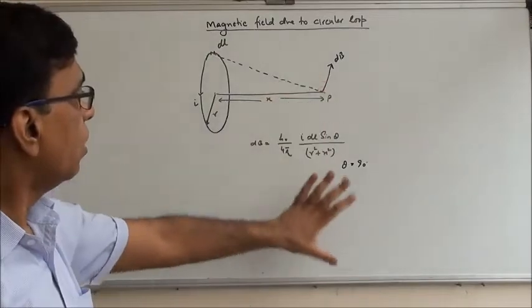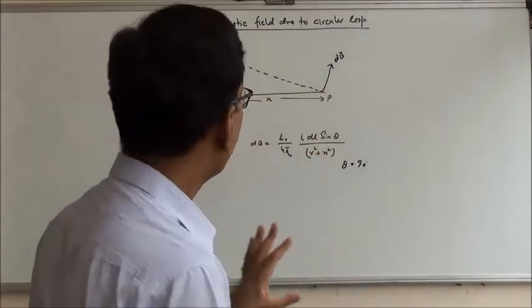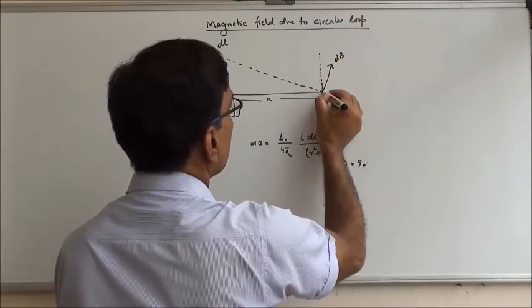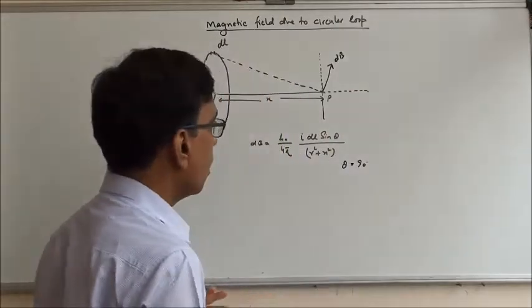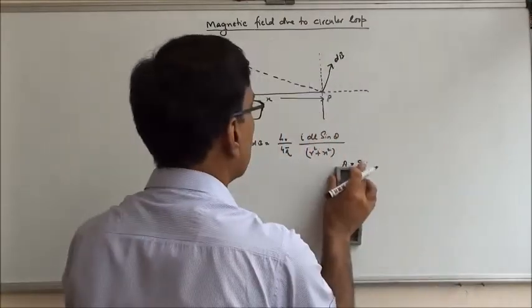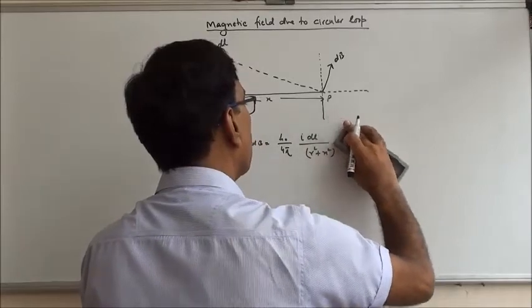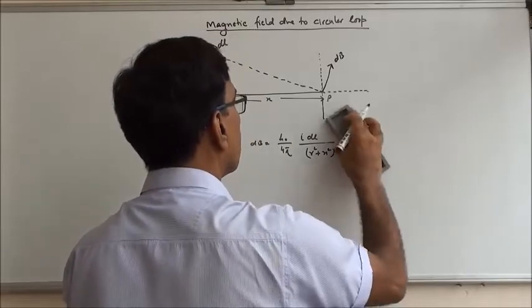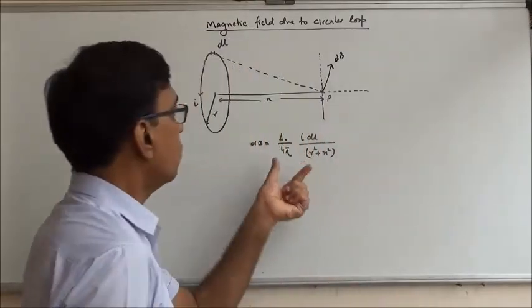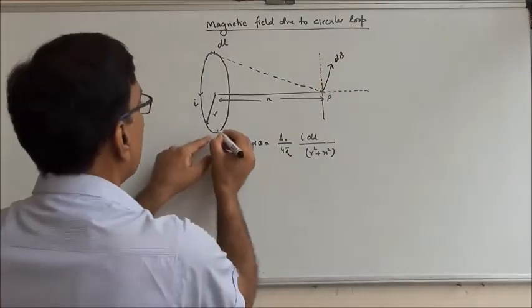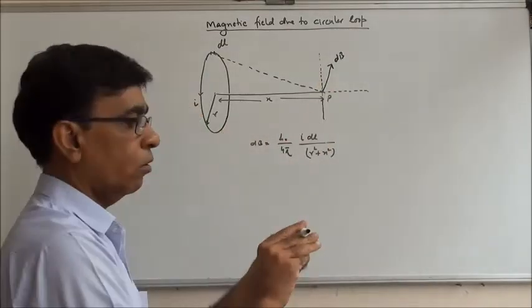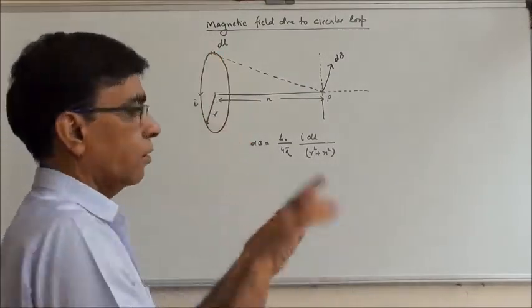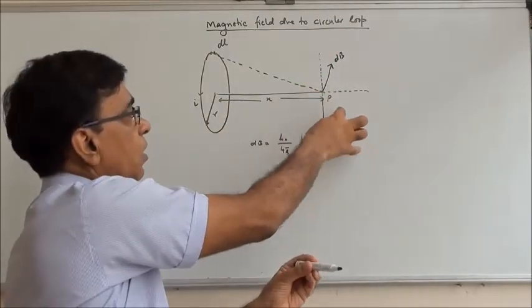Once you have understood it, now it's very simple. Okay. So theta is 90, I am substituting here only. So theta 90 means sine 90 is 1. Okay. So this is the direction. If I find out the field due to this element, it will be, current in. So it will be in this direction.